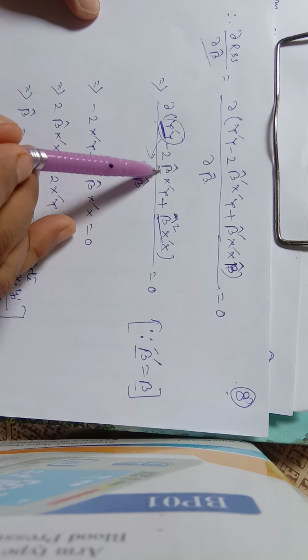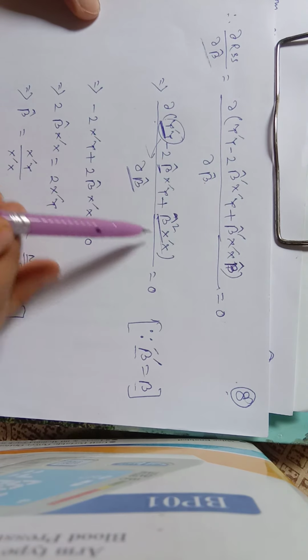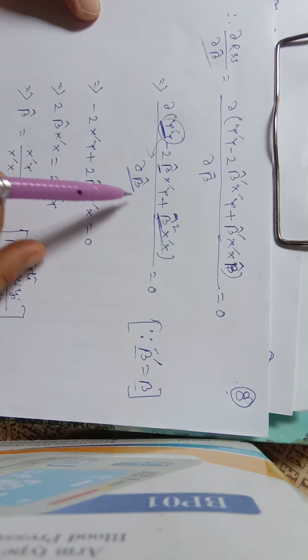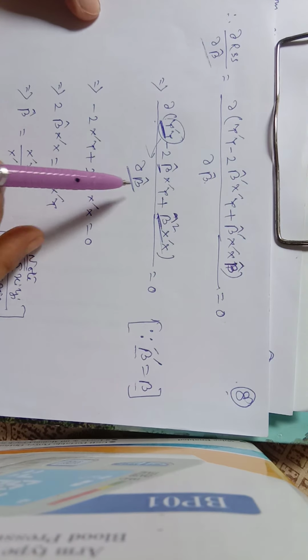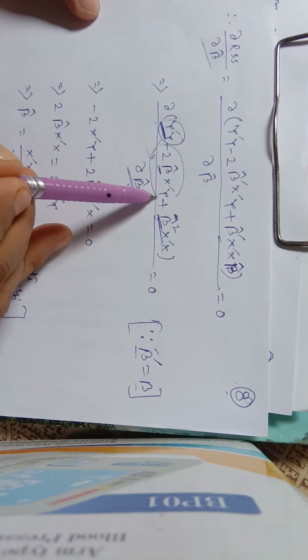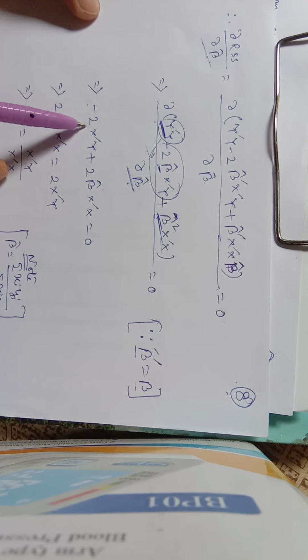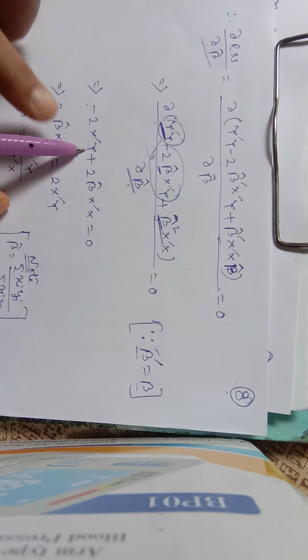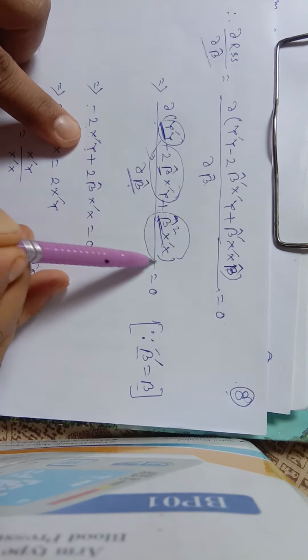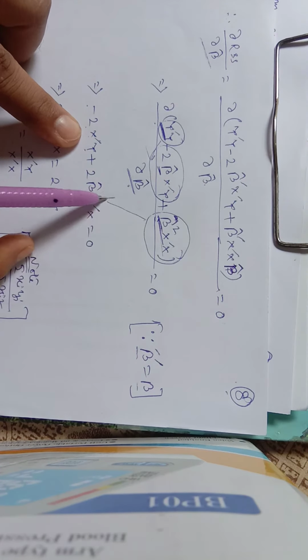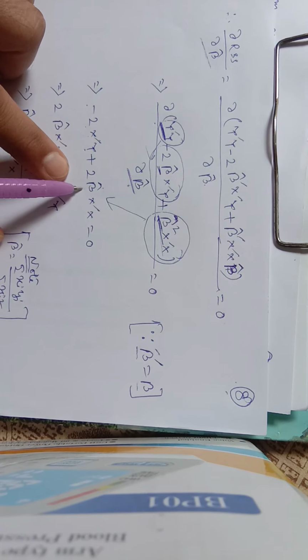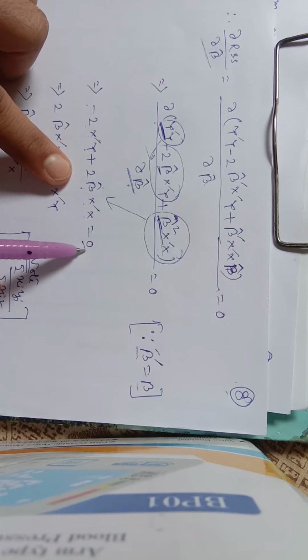Here we are having beta, so this can be differentiated with respect to beta. Here we are having beta square, so this can also be differentiated with respect to beta. So from this part we are having minus 2 x prime y, and the differentiation of this gives us the result, that is 2 into beta hat x prime x is equal to 0.